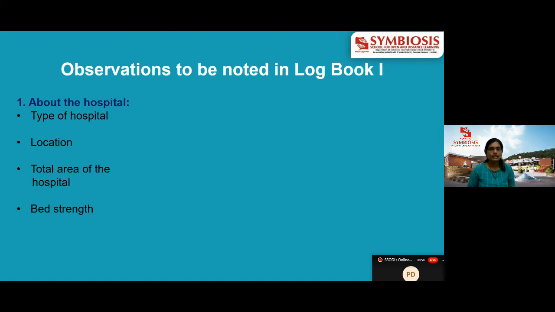What type of hospital it is, what is the location of that hospital, total area of the hospital, what is the bed strength. All these things really matter in actual functioning or operations of any hospital. And also these parameters are to be taken into consideration while you are designing or planning for a hospital.